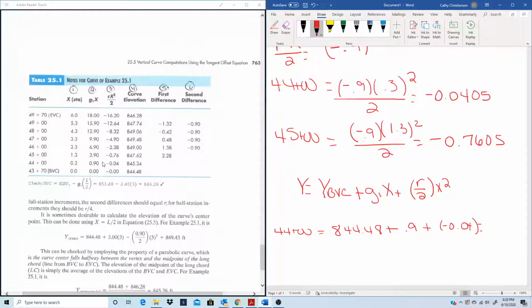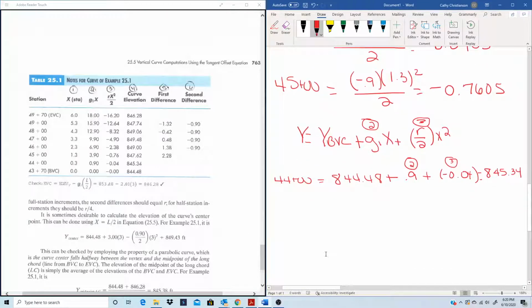So we're going to take our beginning vertical curve elevation plus our G1 times x, which is our column 2, plus our column 3, and I'm going to write column 2 and 3 here. And when we add that, we should get 845.34. So go down to 45 plus 00.